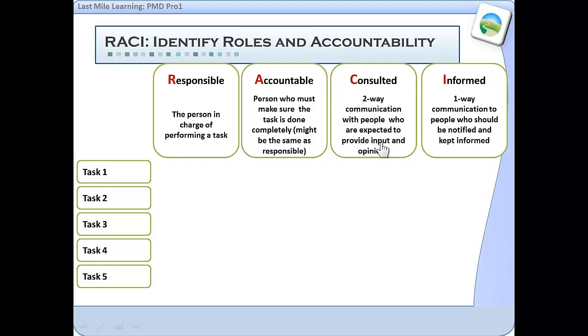The consulted group are people who you are going to have a two-way communication process, and you expect people who are consulted to provide input, and you're going to pay attention to that input in the decisions that you make. And then finally, you've got a column that is informed, people who you're giving information to, you're communicating with, but you're not necessarily expecting them to provide you with feedback.